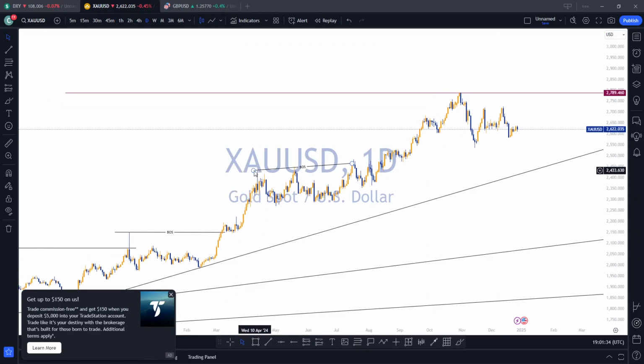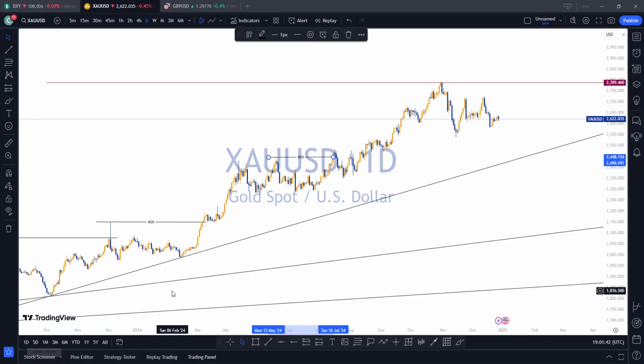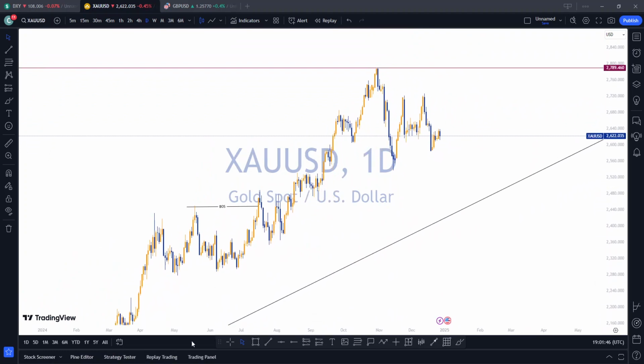Let's just do this here instead, right here. Then we continue to have more breakout structure right here.